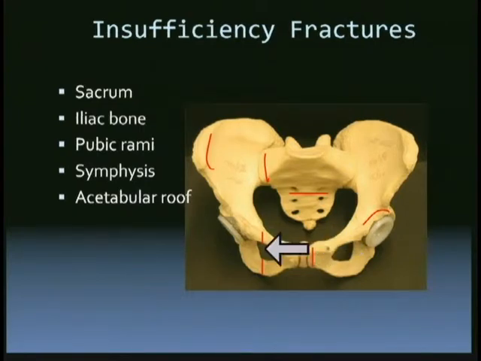And here in the pubic rami, superior and inferior is also. Another one that we see less often is at the acetabular roof. So you have this sometimes irregular line at the acetabular roof. That's another site for insufficiency fractures, and also in the iliac bone.